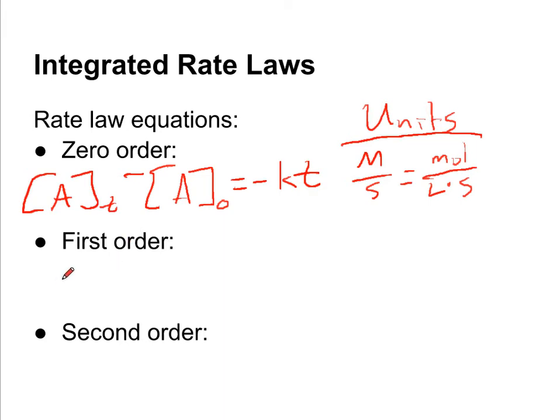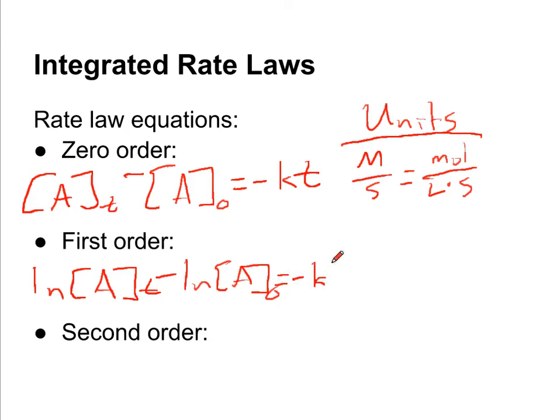For a first order reaction, the equation is the natural log of reactant A at time t minus the natural log of the initial concentration of reactant A is equal to negative k times time. The units for a first order integrated rate law are 1 over seconds.